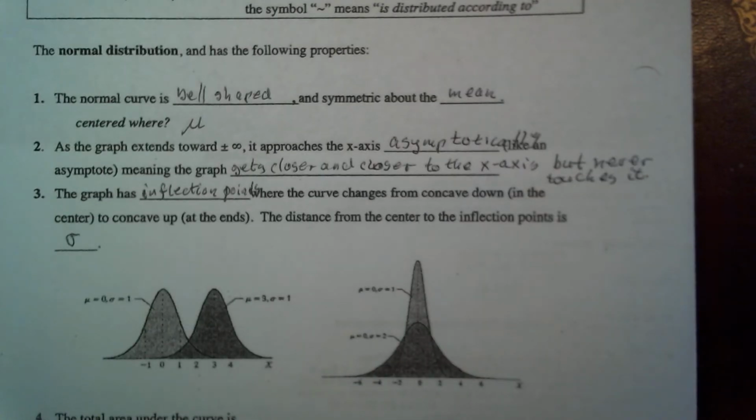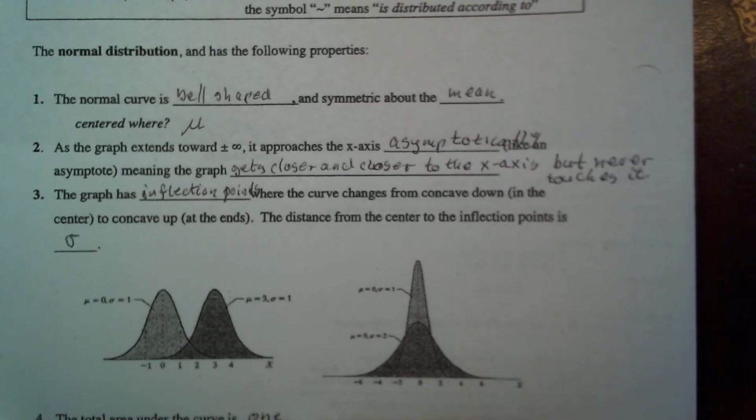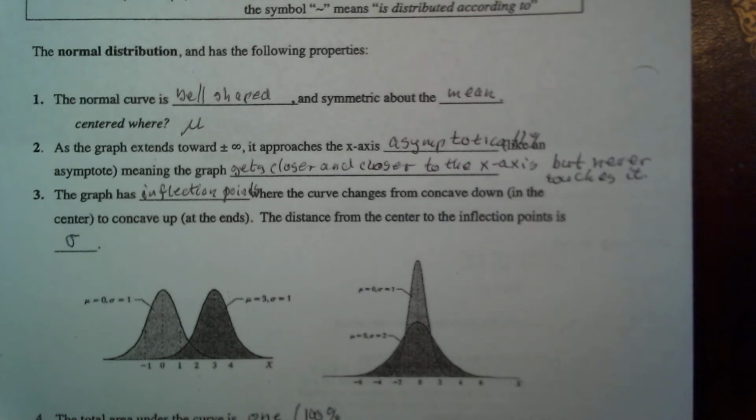And again, the total area under the curve is equal to 1 or 100%. And the area to the right of mu, the mean, is equal to the area to the left of the mean, and they both are 1/2 or 50%.